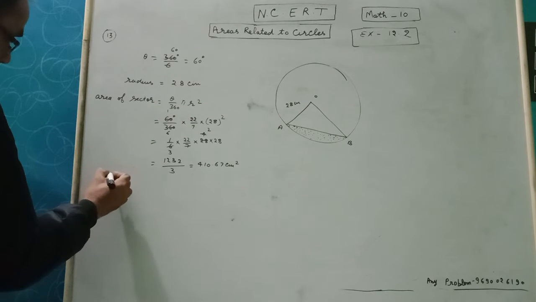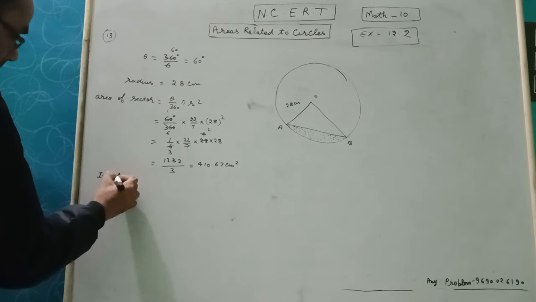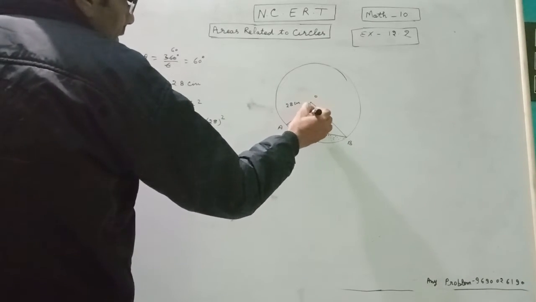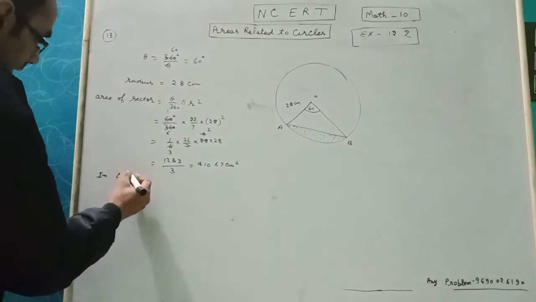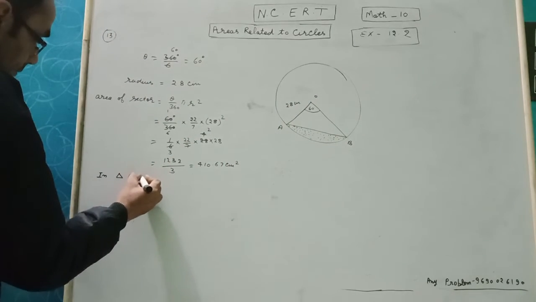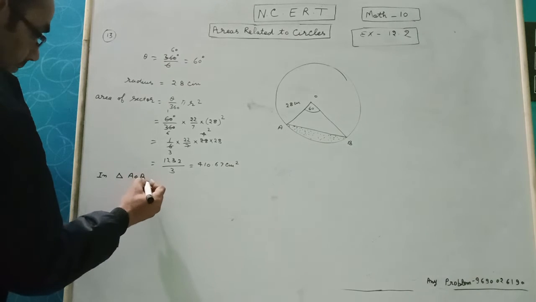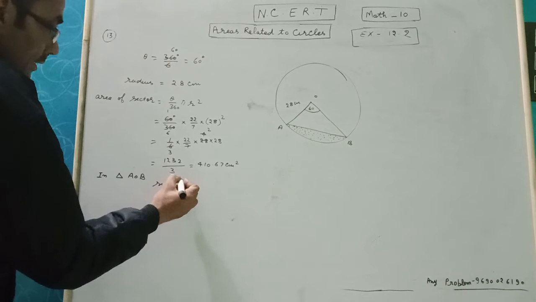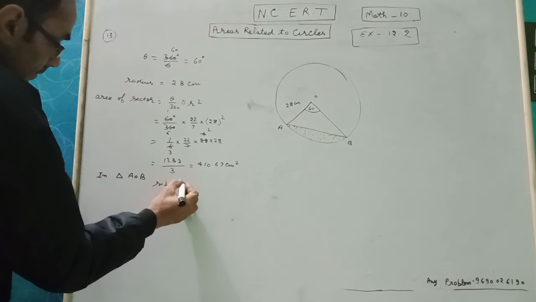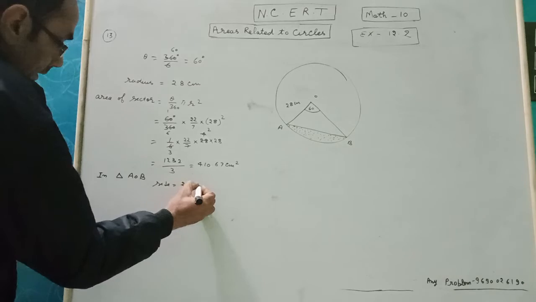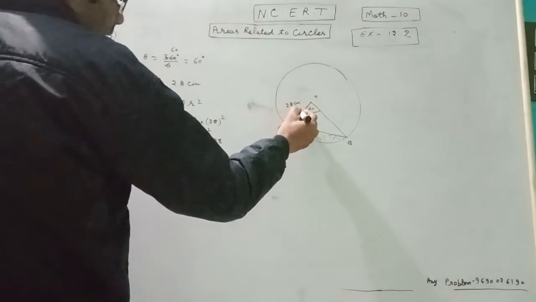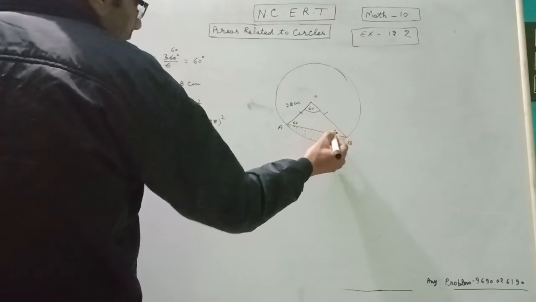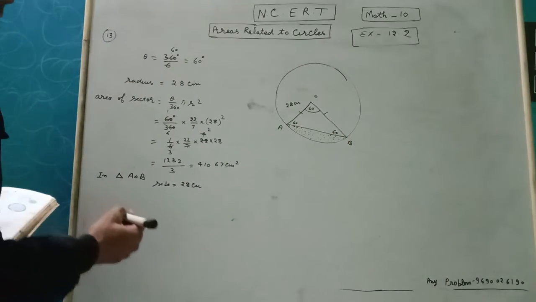In triangle AOB, the angle is 60. Triangle AOB will be an equilateral triangle, in which each side is 28 cm. Both radii are equal, so each angle will be 60, 60. It is an equilateral triangle.